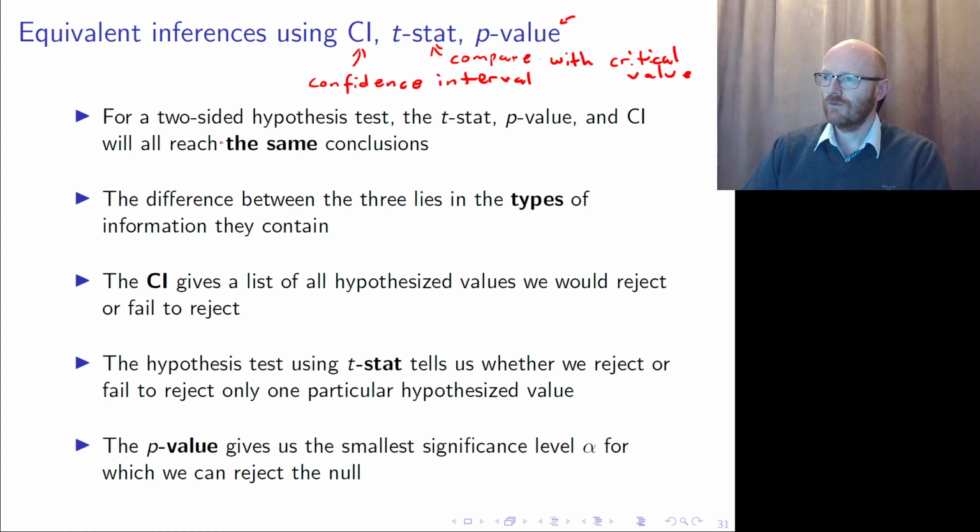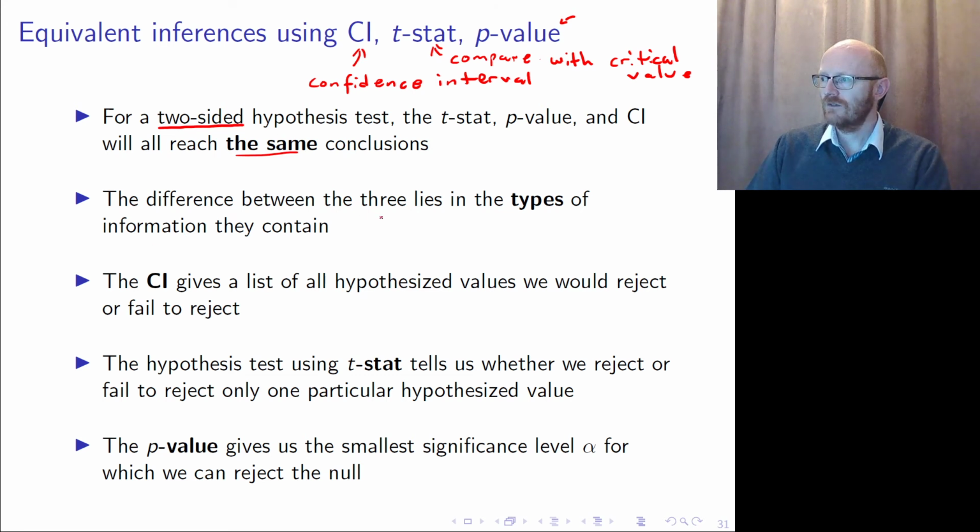And for a two-sided hypothesis test, the t-stat, the p-value, and the confidence interval test will all reach the same conclusions. Okay, that's for a two-sided hypothesis test.